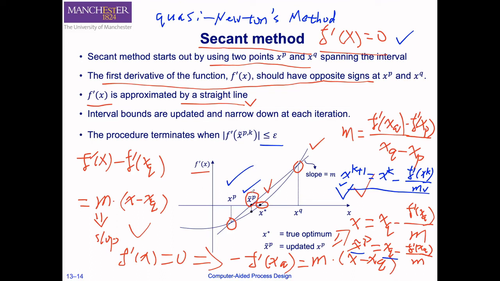In this figure, x tilde p and xq are selected. This is because the first derivatives at these 2 points have opposite signs. Then we have 2 new points for the next iteration. We keep doing iterations until the absolute value of the first derivative at some approximation point satisfies the specified tolerance.